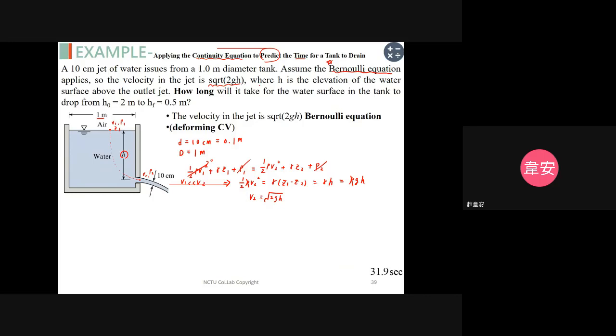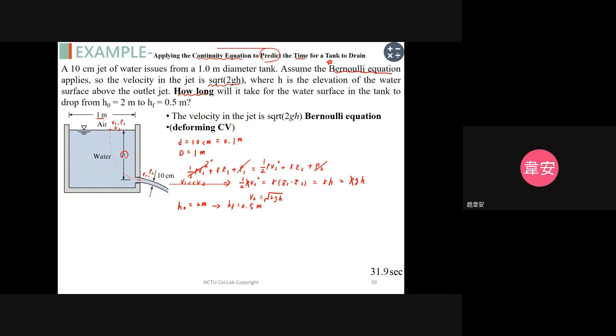And then we see that the question asks how long it will take for the water surface in the tank to drop from H0, which is 2 meters, to H final, which is 0.5 meter. So how long is it? That's why this question is for the prediction of the time for the tank.